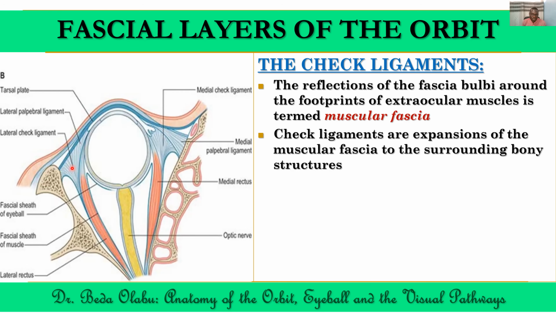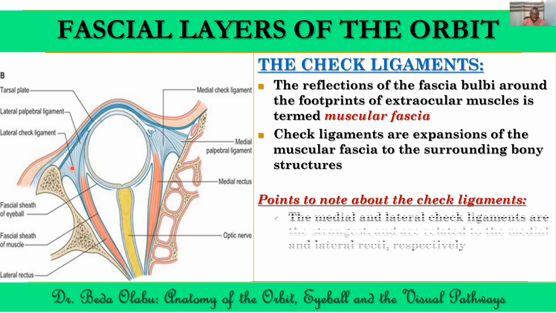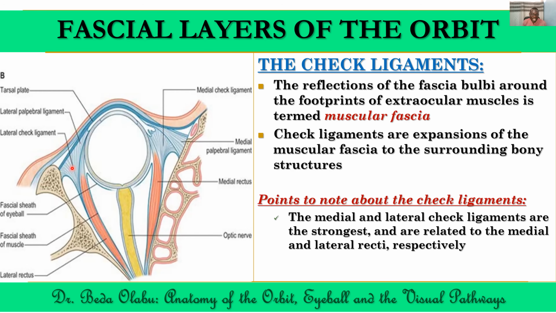So that's the concept of the check ligaments. They're just extensions or expansions of the muscular fascia of the muscles to the surrounding bone. The check ligaments related to the medial and the lateral rectus muscles are the strongest and perhaps the most important ones.